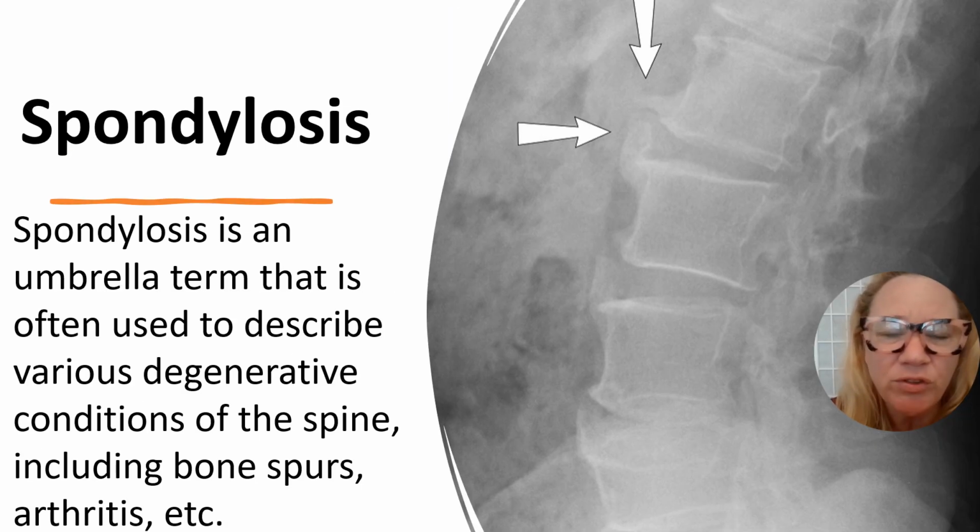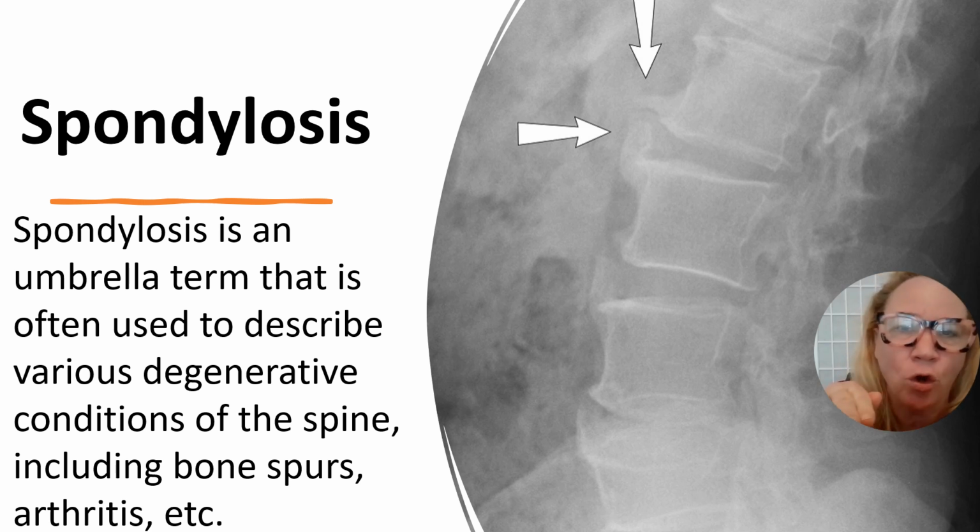Now, spondylosis sounds like spondylolisthesis, but it's not the same thing. Spondylolisthesis is when one vertebrae is slipping forward over another vertebrae. Spondylosis is simply an umbrella term for degenerative changes within the spine.